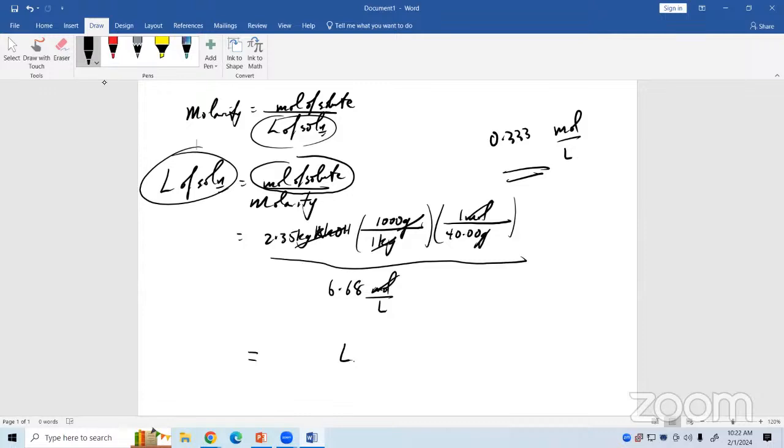So 2.35 times 1,000 divided by 40 divided by 6.68. According to my calculations, the volume of the solution is going to be 8.79 liters. And that's basically how that is done. Any questions about this one? Any questions?